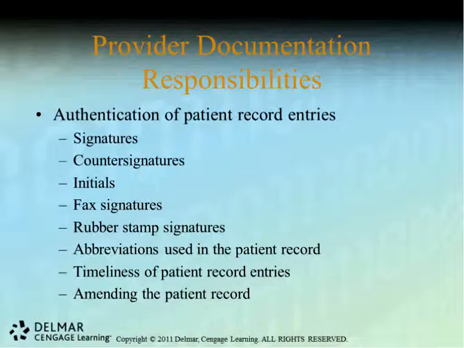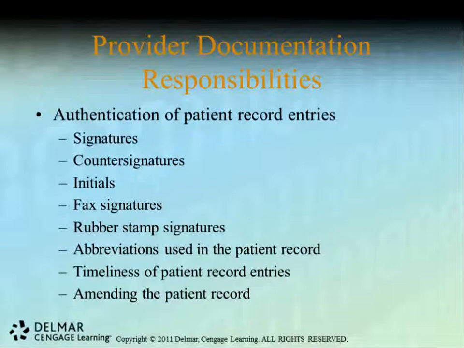Then you have abbreviations. I know there are a lot of facilities, especially on your H&Ps, your histories and physicals, and in your discharge summaries, that don't even allow abbreviations to be used. But if an organization allows some type of abbreviations, they have to have a policy on those abbreviations, acronyms, and symbols that they can use in that record, and they have to have an official abbreviation list.